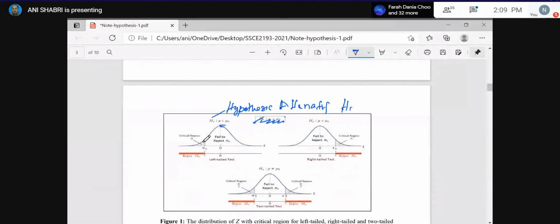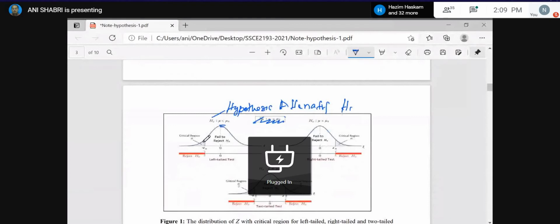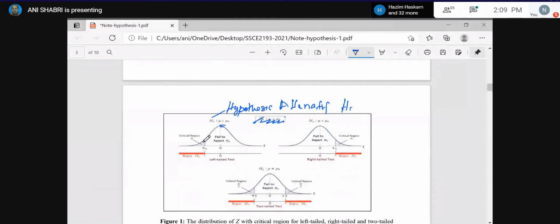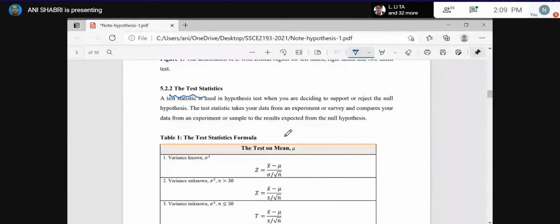Okay, this is the test statistic. The formula is the same as in the confidence interval chapter, chapter 4 on estimation. If the population variance is known, we use z equals x-bar minus mu divided by sigma over square root of n.